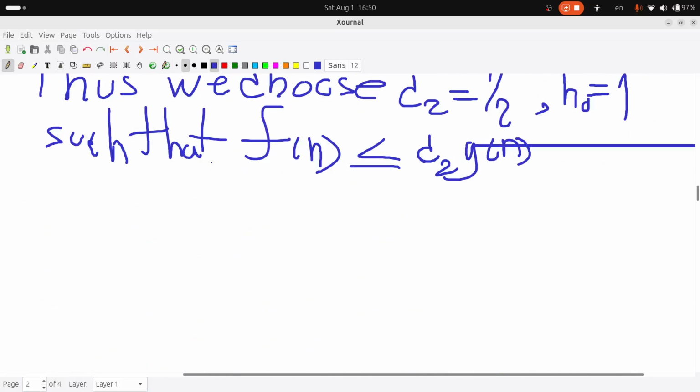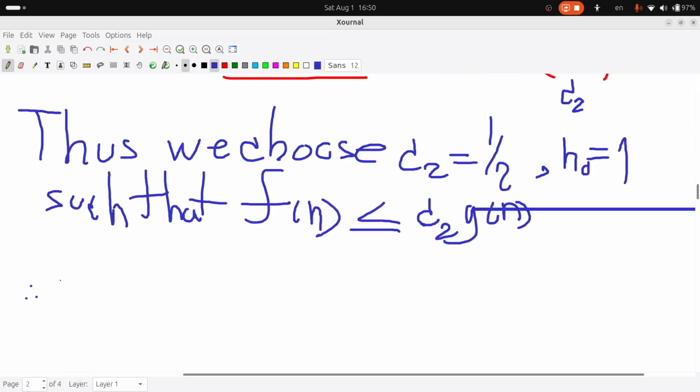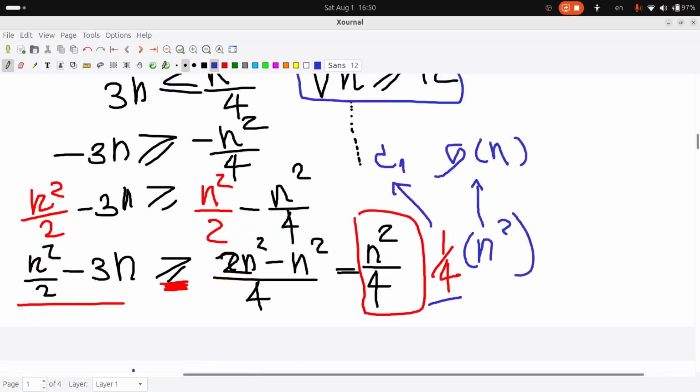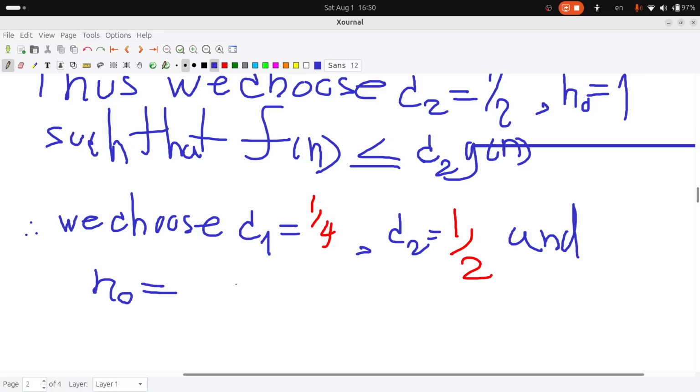So we can summarize that, and the next step is we summarize that we should have C1 equal to 1 divided by 4, that is C1, and C2 is 1 divided by 2, and what is the starting point?